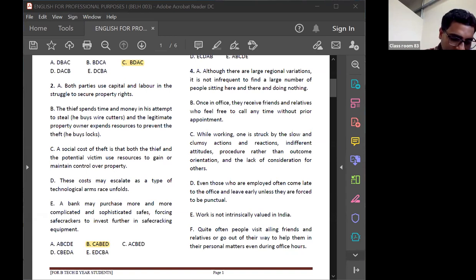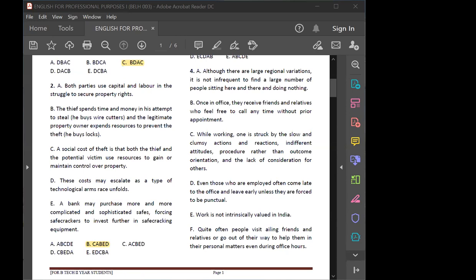Others also please read the sentences of question number 4. Sir, I'm confused between E and A. Okay, A is a better start.